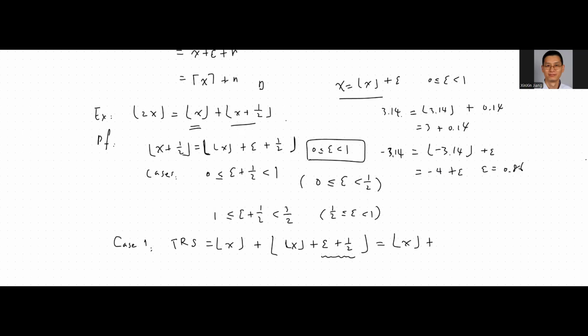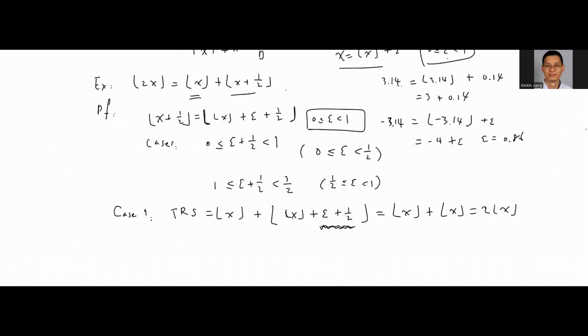So it has, again, this type. It's just that this epsilon is different from this epsilon. This is actually epsilon plus half, but it's just a number greater than or equal to 0, less than 1. You can get rid of it. So that would be simply 2 times the floor of x. So this is the right side.